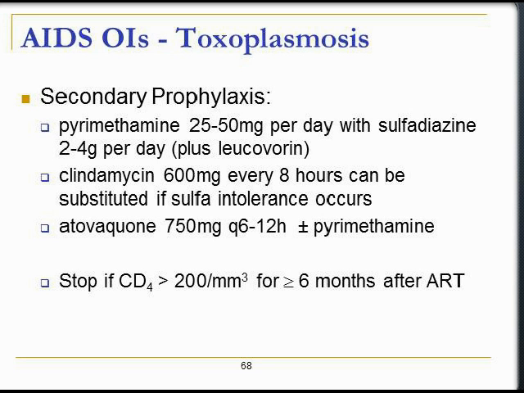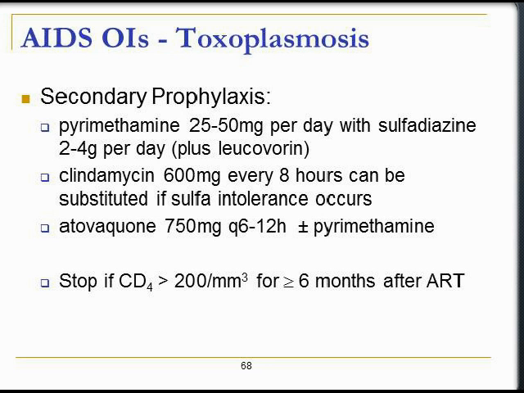Secondary prophylaxis is using one of the agents, as I mentioned before, that you use to treat, or one of the regimens that we use to treat, usually just at lower doses. And again, stopping, now for secondary prophylaxis, the recommendation is stopping at greater than 200 for 6 months. I complicated this with more than 100, more than 200, more than 6 months, more than 3 months.